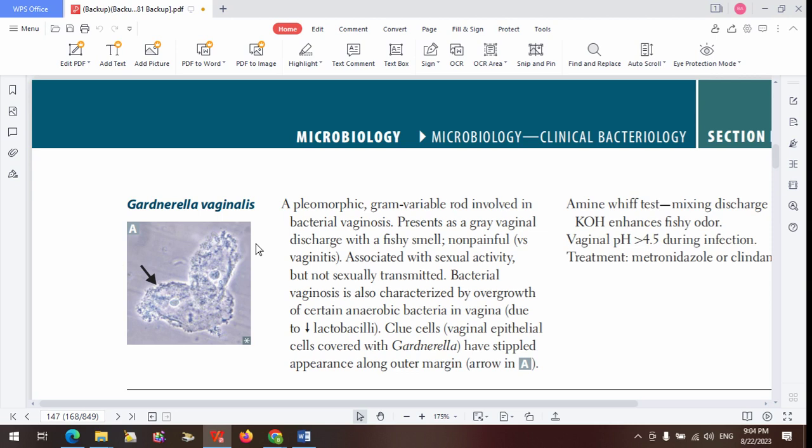It is caused by Gardnerella vaginalis, but it is not only this organism that is mediating that process. Gardnerella vaginalis forms a biofilm that allows the colonization of other anaerobes in the vagina. So it's more like any condition that can cause a disruption of the normal microbiota within the vagina.